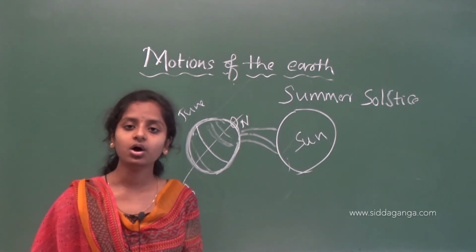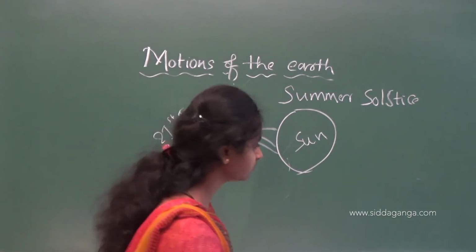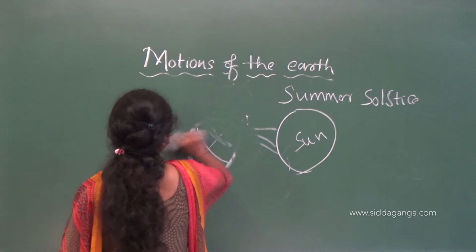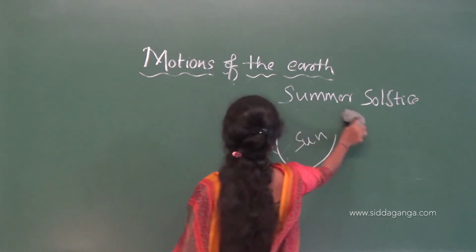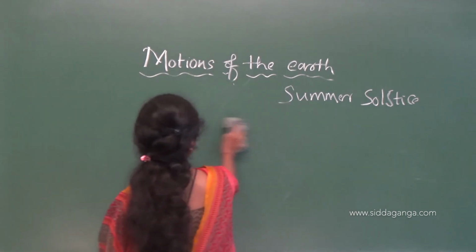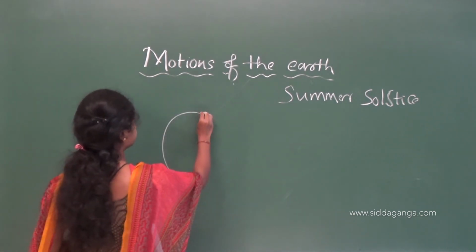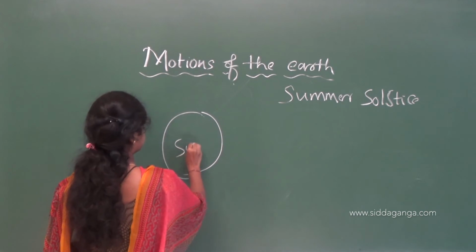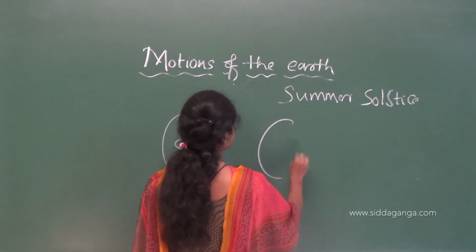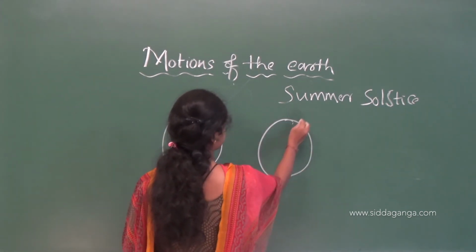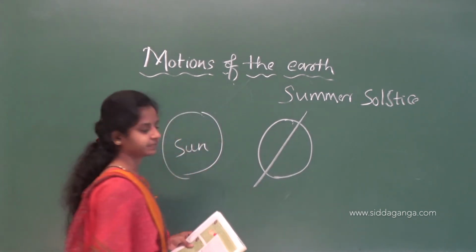Then on the 22nd December, so this was about the 21st June. Now this is the sun and here it is the earth, here it is the axis.